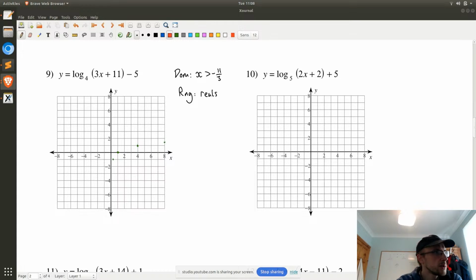Now I have modern tools, so I'm going to put them to use. Y equals log.